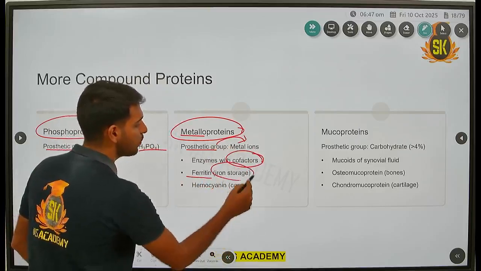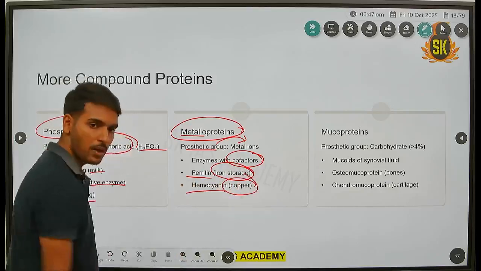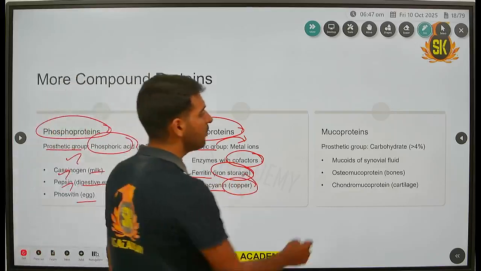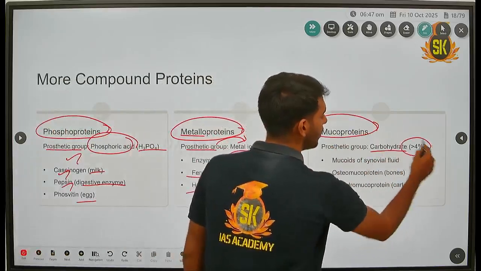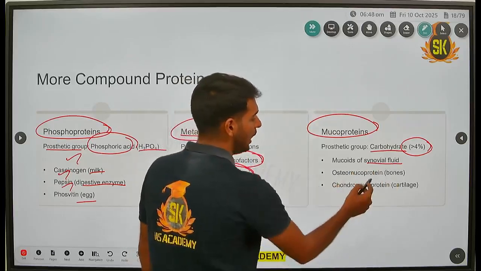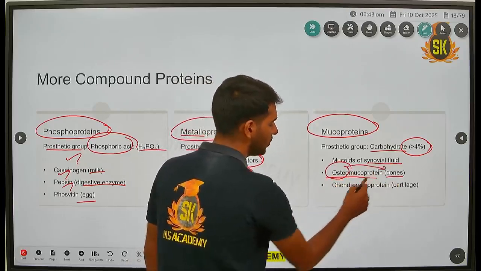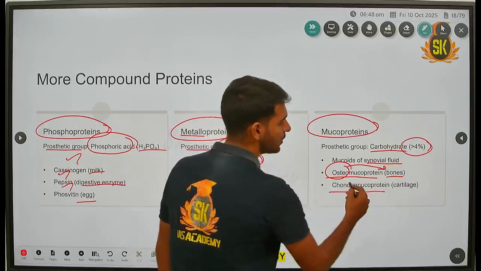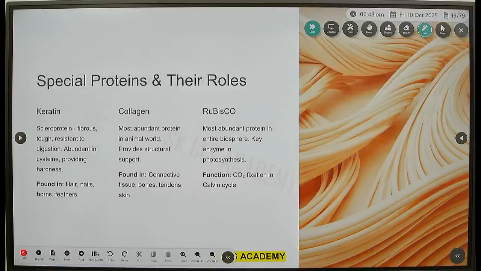Ferritin is responsible for iron storage; hemocyanin contains copper. In the same way, mucoproteins have a carbohydrate prosthetic group, for example in synovial fluid. Osteomucoprotein is in bones, osteo itself means bones. Chondromucoprotein is in cartilage. So these are your compound proteins.